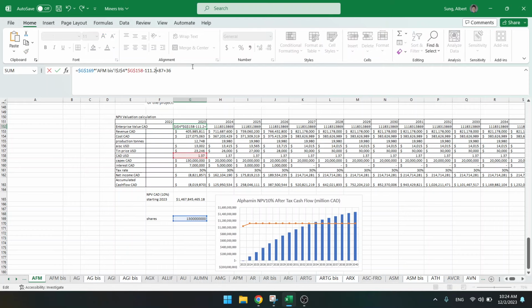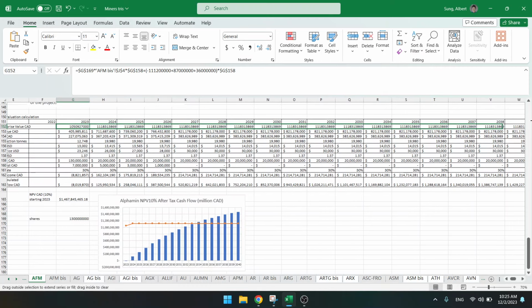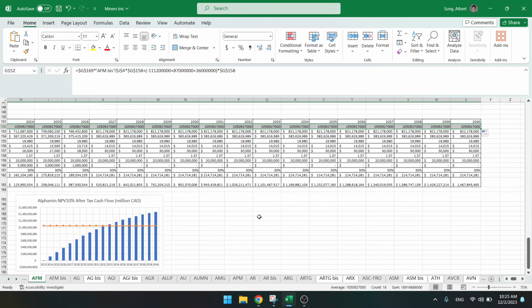That's in millions. And this is in US dollars. So we need to do this times this number. And here we have our enterprise value, right? In CAD.